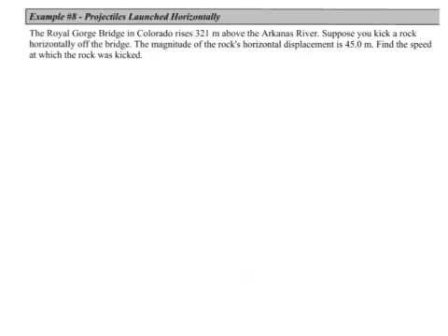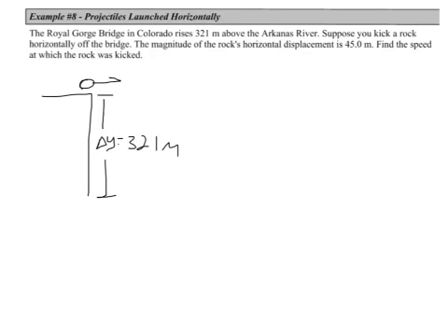We've got the Royal Gorge Bridge in Colorado, which rises 321 meters above the Arkansas River. So here's our bridge sitting here. It rises 321 meters, so delta y is 321 meters. And we kick a rock horizontally off the bridge this way.